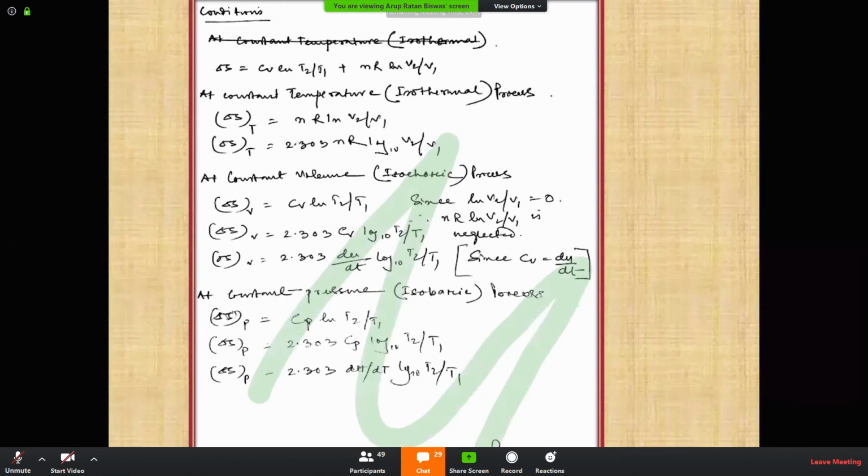Now at constant temperature, it will become... so accordingly, you see this. These are the equations at constant pressure and at constant volume. These three conditions, the examiner can ask you any of the three conditions. Okay, now moving to the next slide.